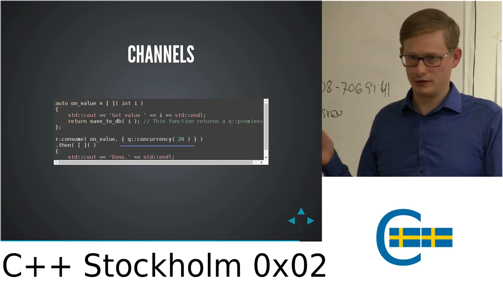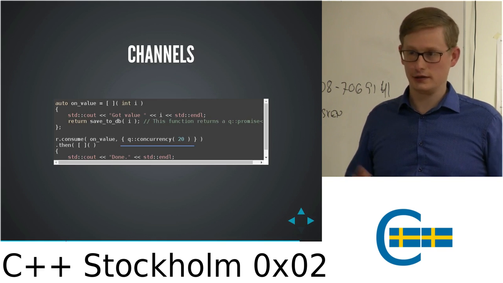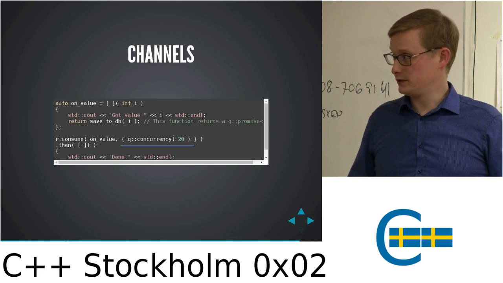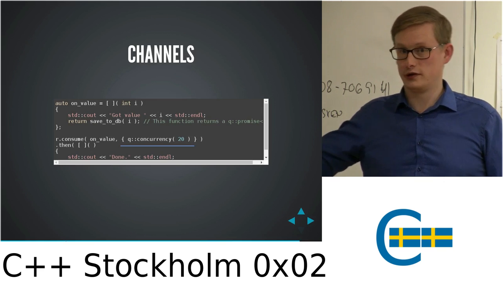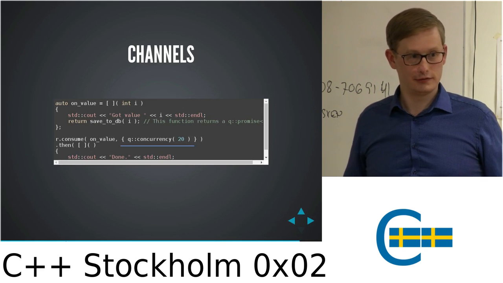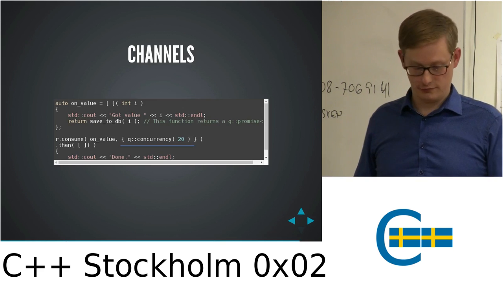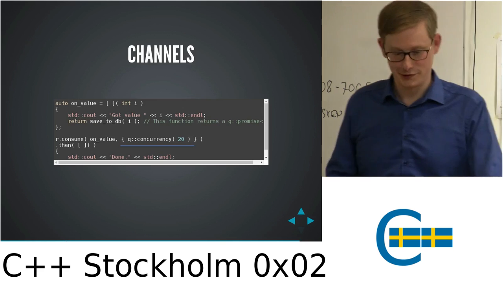This is usually not that easy to solve with normal code, consuming things with concurrency and handling this as easy. You could specify not only concurrency but queue, so you can say consume on this thread pool with concurrency 16, and it will just fix everything for you. And where are the mutexes? Well, yeah, they're somewhere inside.